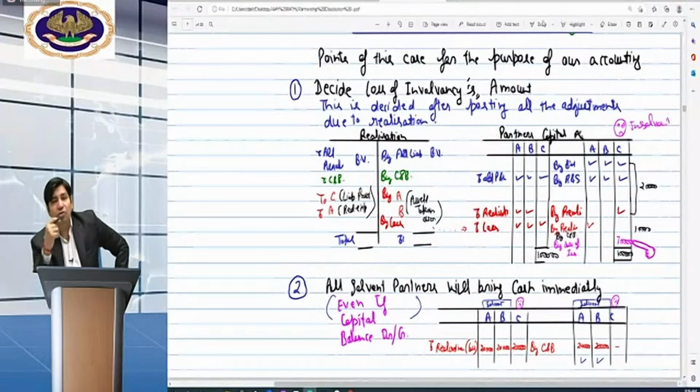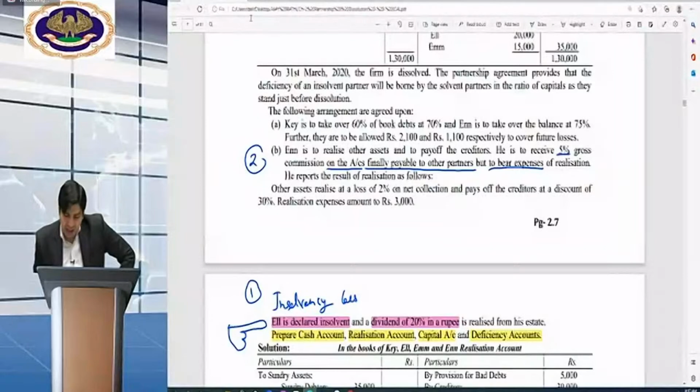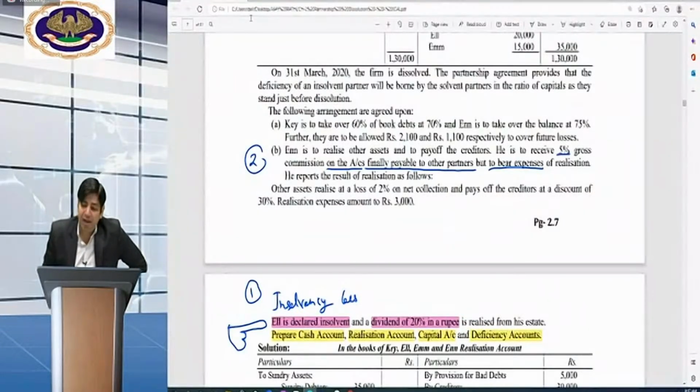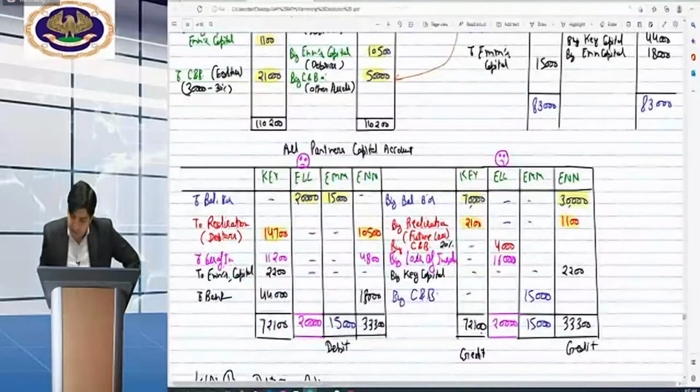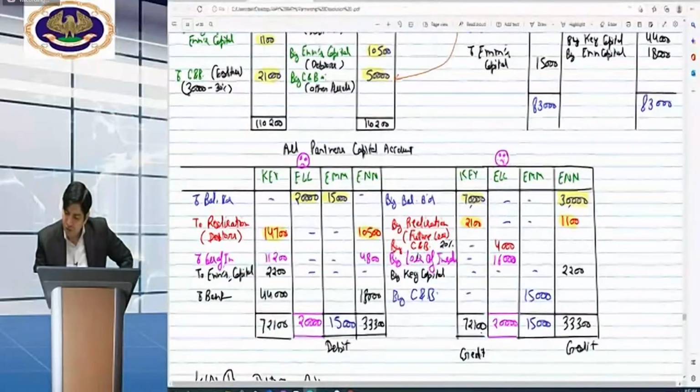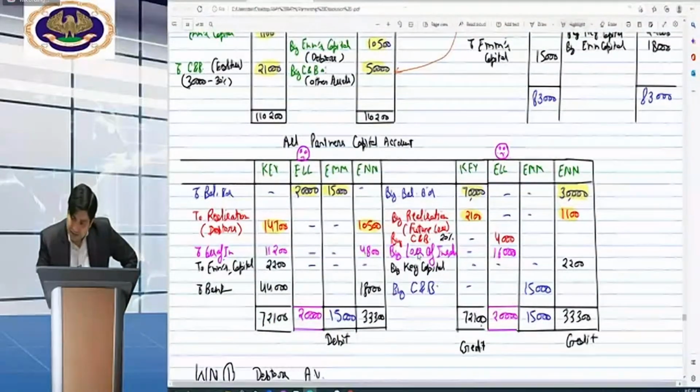First, we have to decide the loss amount, the realization loss. How will that be calculated? See, who is insolvent? Mr. L is insolvent. So we are focusing first on L. After transferring all the things, we found out that there is an insolvency loss.